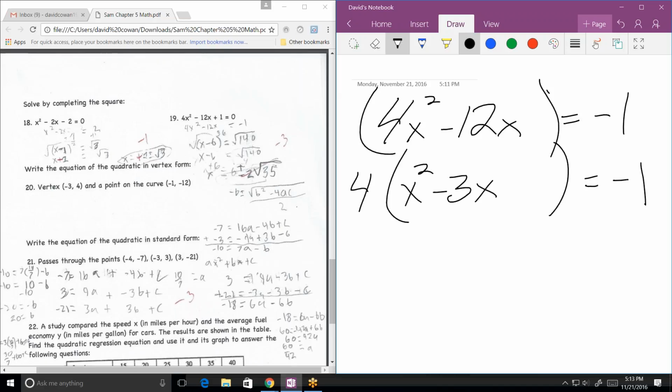Well, when I say leave it as a fraction, that's half of the middle coefficient. When you square that, it's easy to square, 9/4. Leave it as a fraction, don't change it to a decimal. That's what I'm saying. It'll be easier to handle.